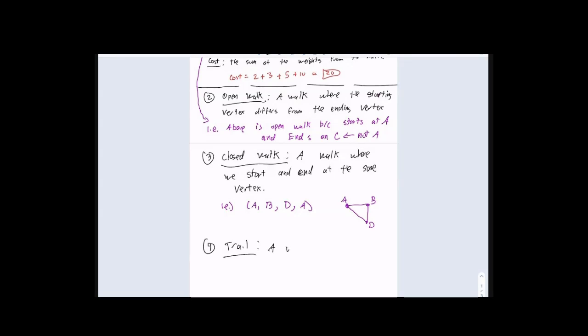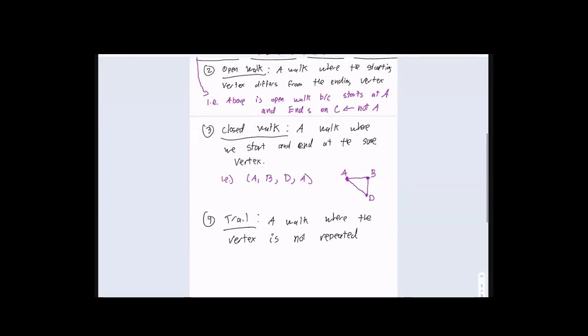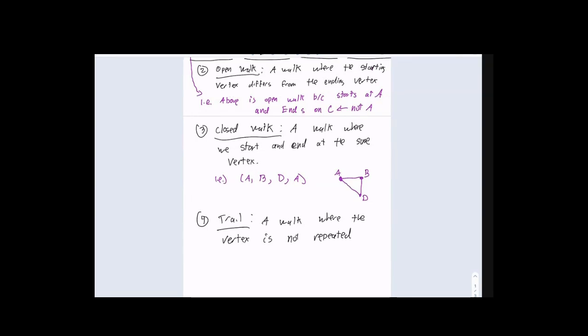A trail is a walk where the edge is not repeated.